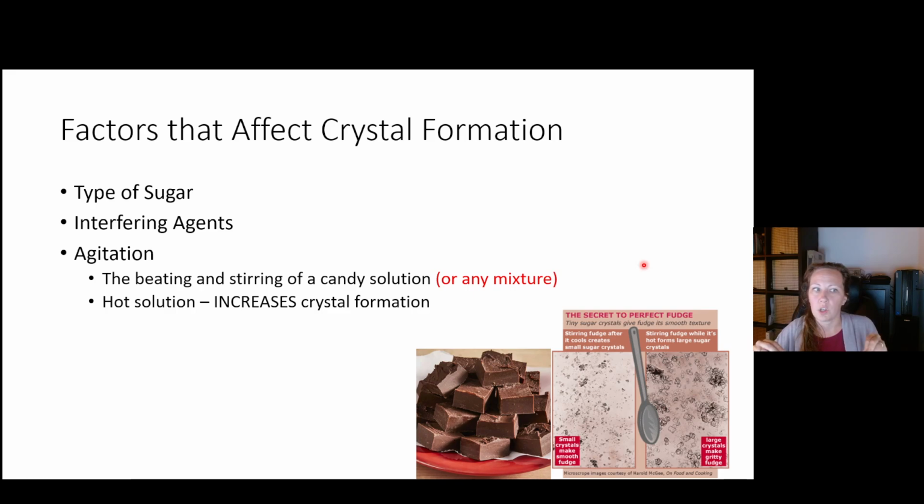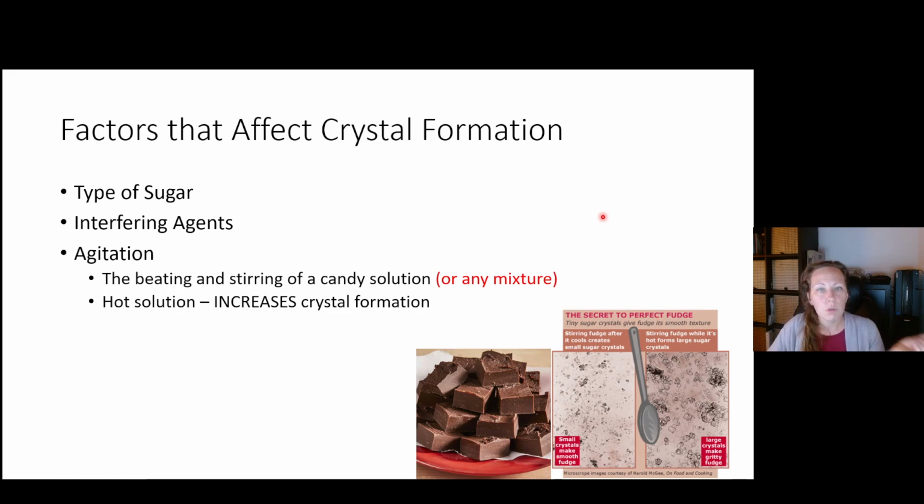Okay, so a hot sugar solution has two things going for it if you are wanting this crystal formation, is that it is warm, and so chemical reactions are faster, and it is not viscous. Okay, so there's nothing slowing down physically how fast the molecules in that solution are moving.